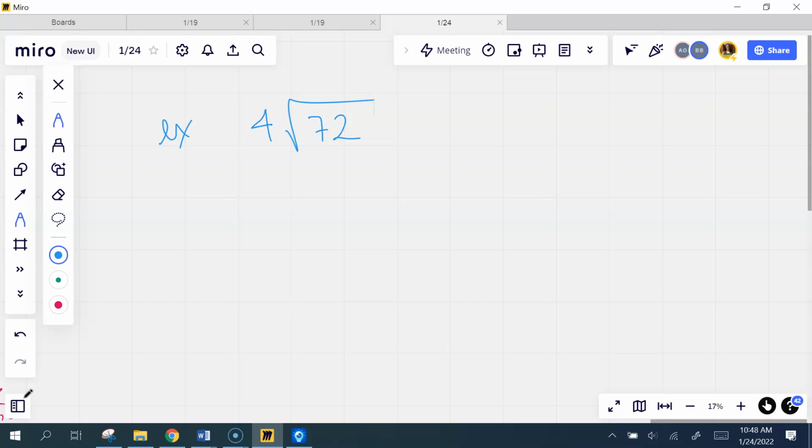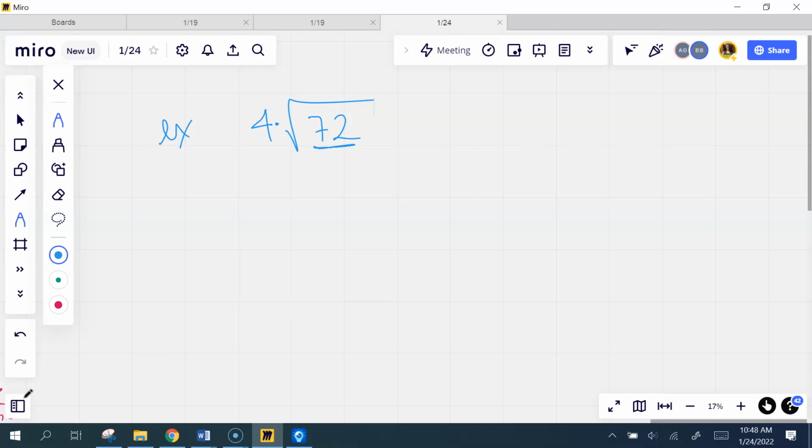If there's a number in front, remember that is multiply. So this is 4 times. That's not the itty bitty 2 like I was talking about earlier. That's 4 times the square root of 72. So look what's under the radical. And I divide this by any perfect square. Look at that list you have.